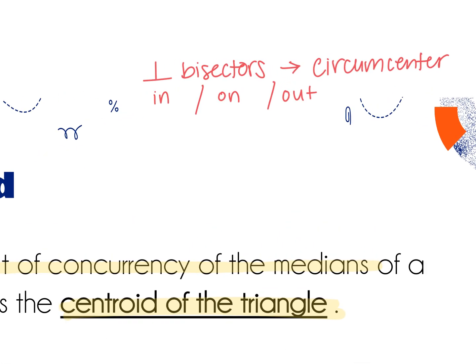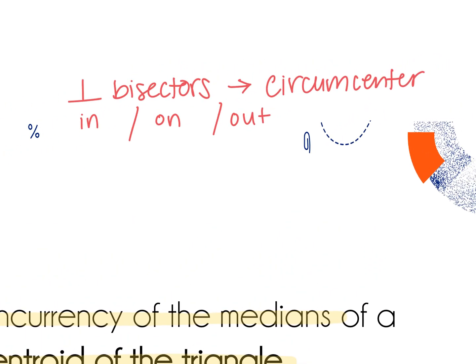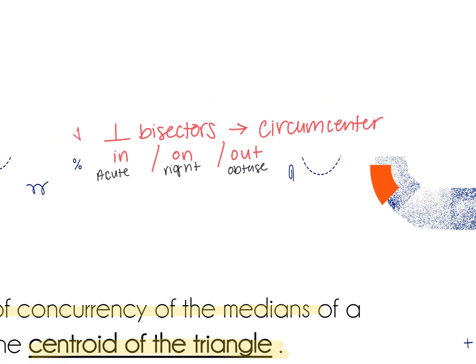When it's in my triangle, what kind of triangle is that? Right is on. Acute is in. And obtuse is out. So we had acute in, right on, and obtuse out. That's for my perpendicular bisector.